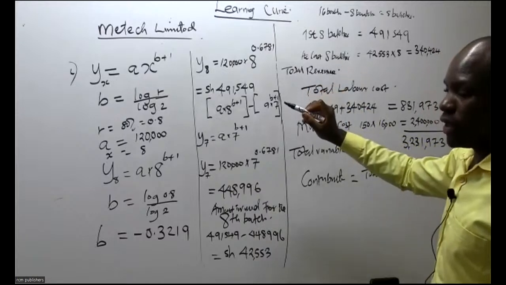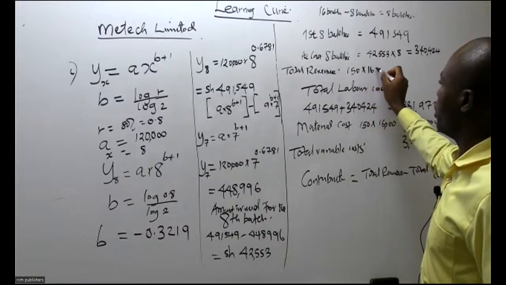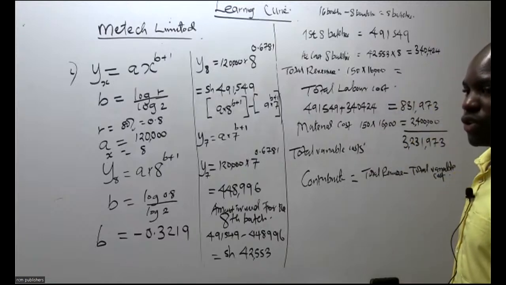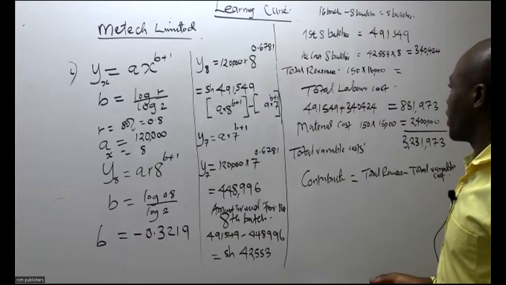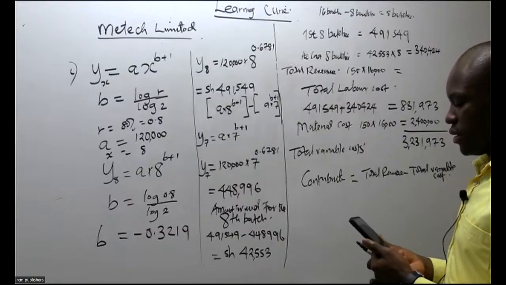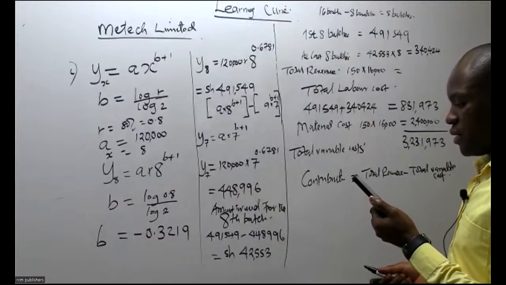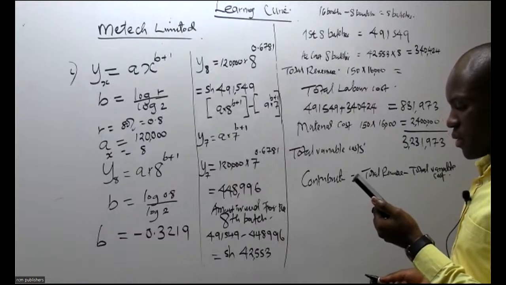Our total revenue is equivalent to selling price per unit multiplied by the units that were sold, which is 16,000. Sorry, not even 150. Is it really 150? Is it not even in the additional information?